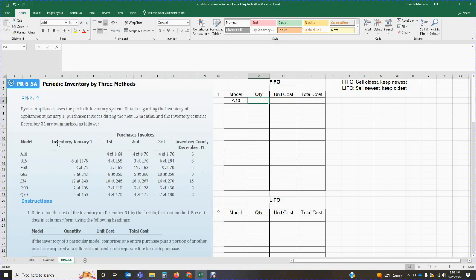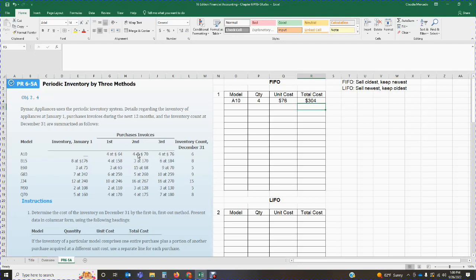We're working backwards. So for model A10, it says that we have 6 units available. So let's look at the third. At the third, we only purchased 4 units at $76. That's going to give me 304. Now it says that we have 6 remaining, so I've got those 4 from that third purchase.